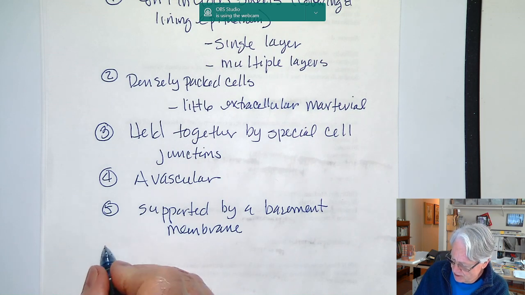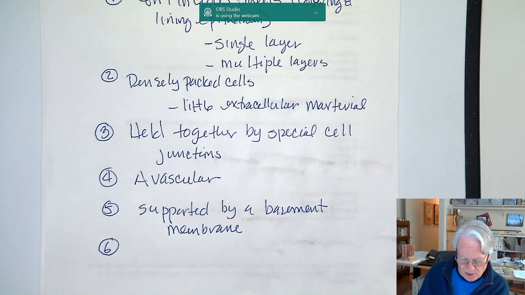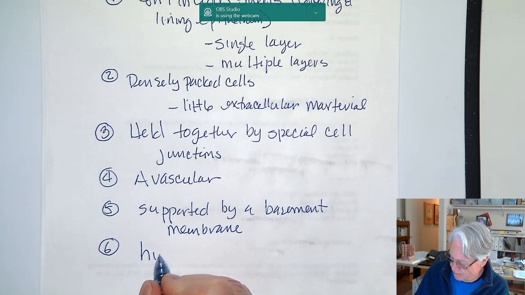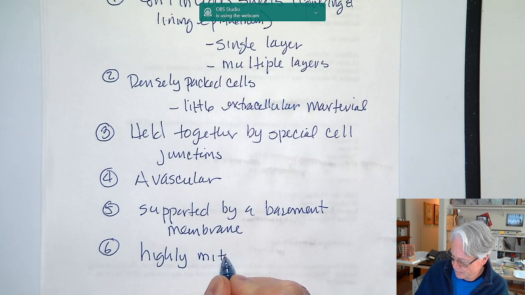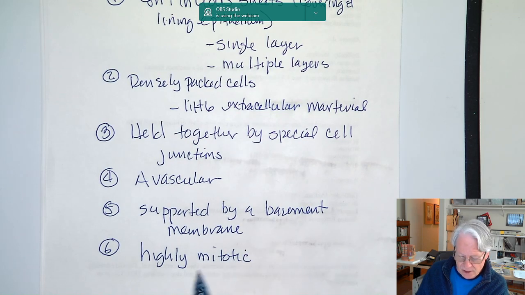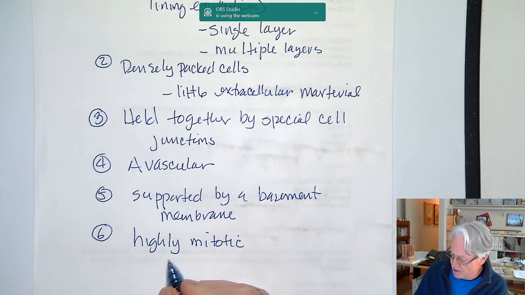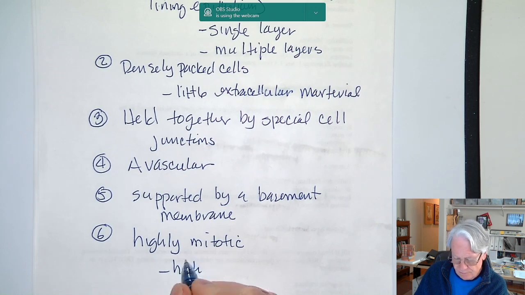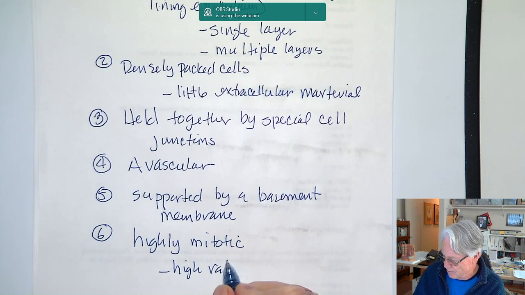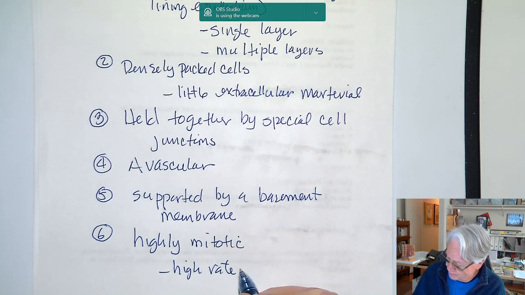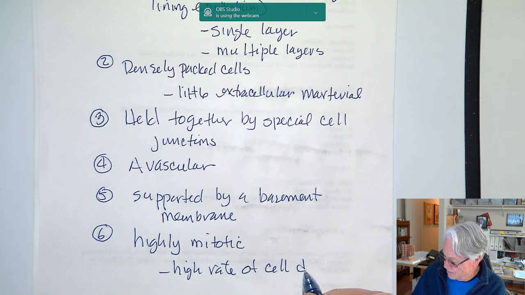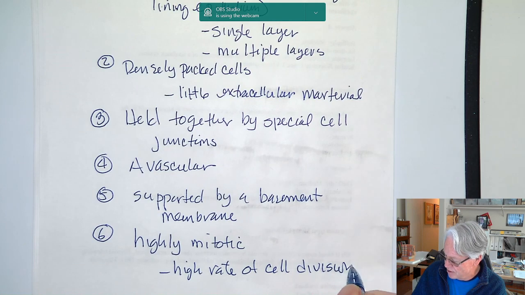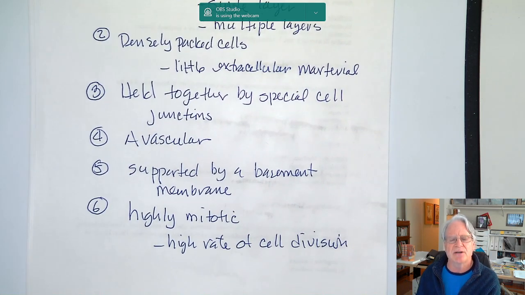Okay. Number 6, highly mitotic. And that means that we have a high rate of cell division in this tissue. And this is often the case, especially in tissues that are under a lot of wear and tear and under a lot of stress, such as the skin.